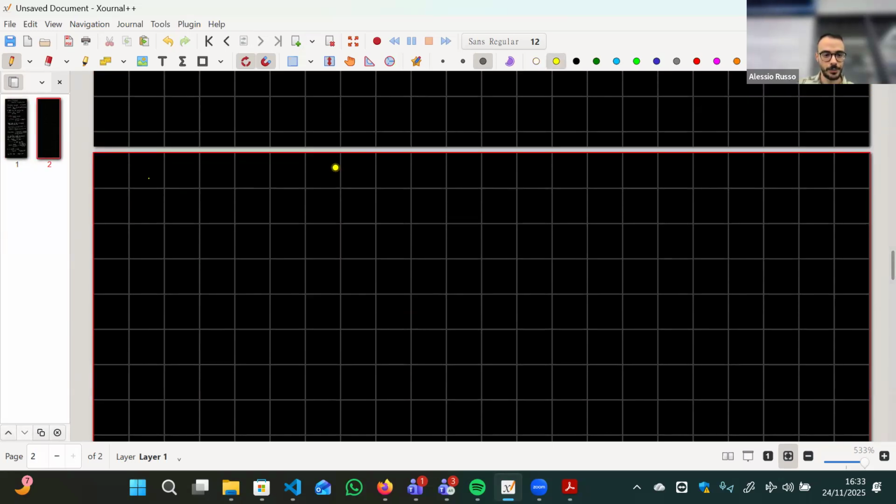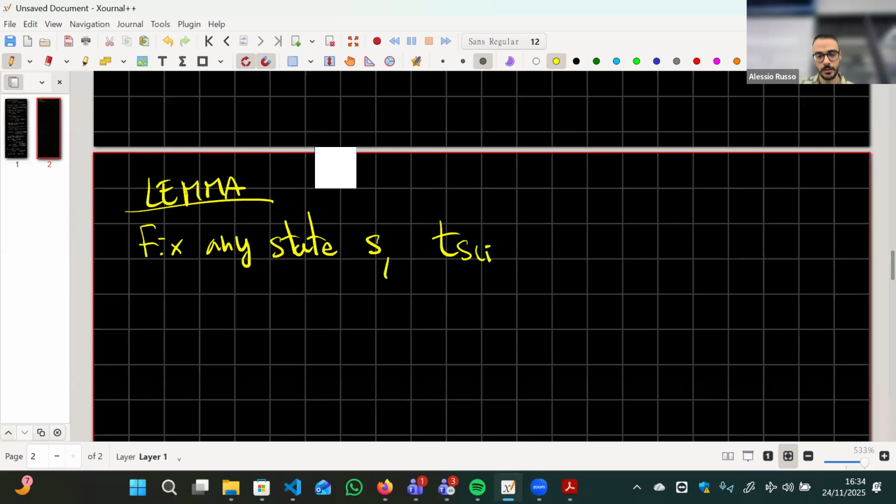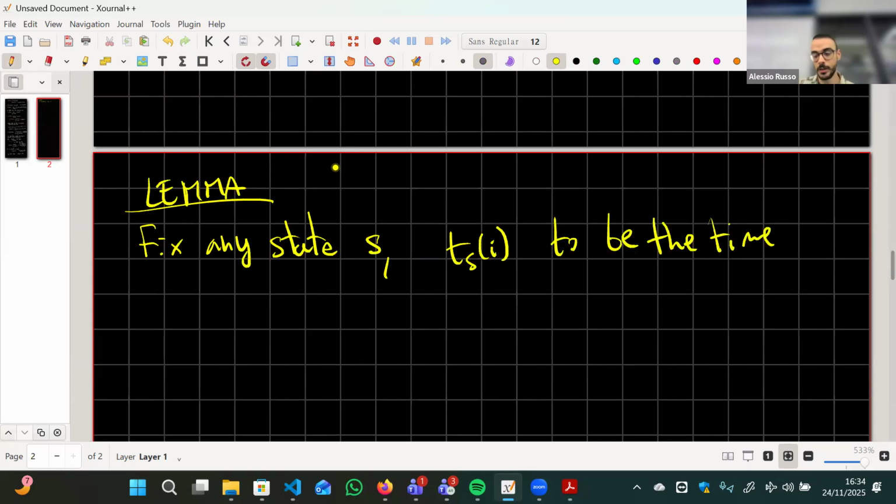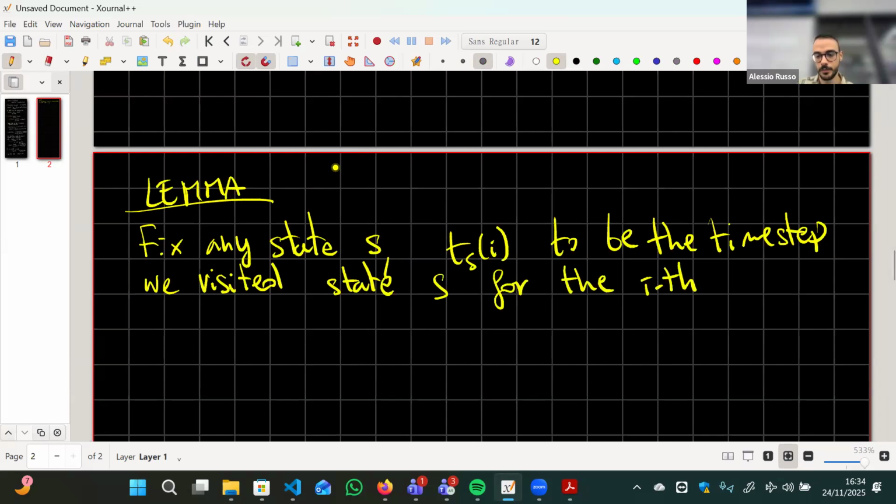So we have this lemma. Fix some state, any state. And we define T_i to be the time step we visited state S for the i-th time.